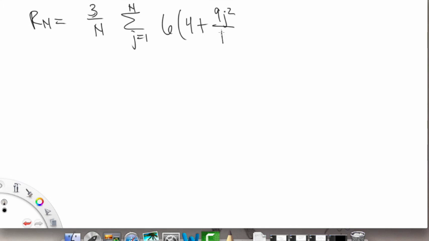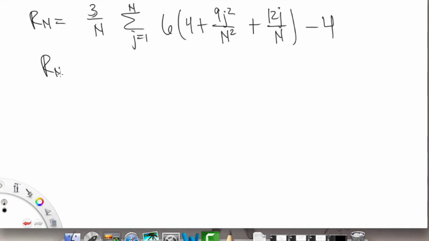Okay, so here's where we left off. We had r sub n is equal to 3 over n, that's just sitting outside. Then we have the sum as j goes from 1 up to n of 6 times 4 plus 9j squared over n squared plus 12j over n, and then that minus 4 is on the outside.